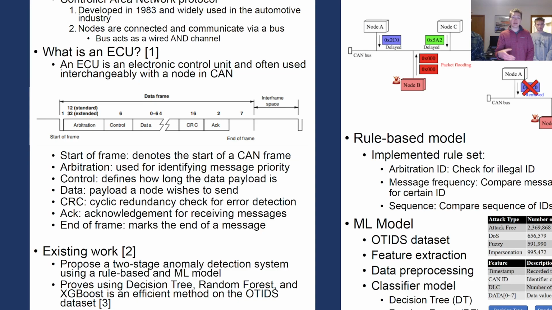And then the way that a node knows it's won the arbitration process is during the process of sending out these 12 or 32 bits, depending on the way the frame is set up. As these bits are being sent out, the node is going to also listen and read back the bits after all 12 or 32 bits have been sent out.